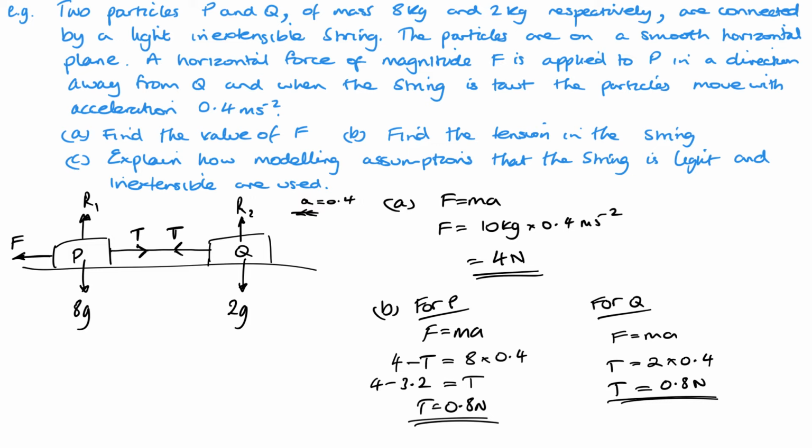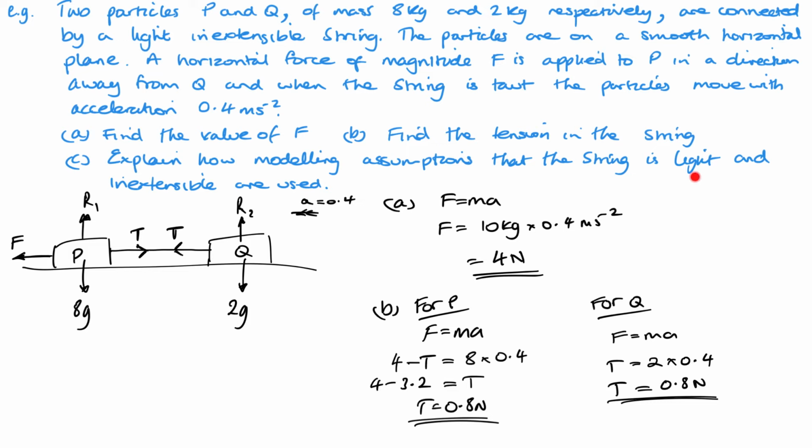Now the final part, I'm not going to write this down, I'm just going to talk you through it. We're talking about the string that is light and inextendable. If this is inextendable, it means that it's going to stay the same, so it's what allows us to treat these as a single particle, because this is not going to stretch in any way. So it means that these two will accelerate exactly the same.